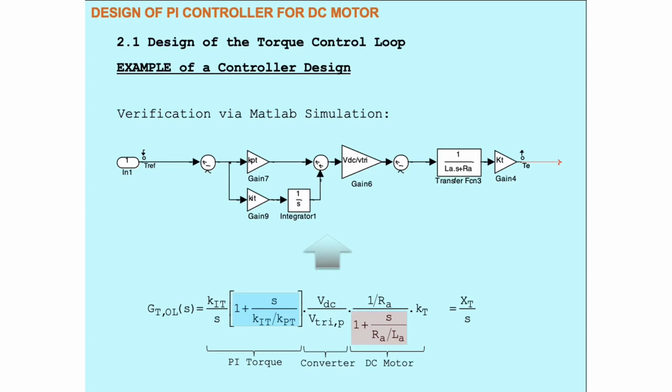It is basically a cascaded equation of a PI torque converter and DC motor that were multiplied together to form an equation. Then we convert it to MATLAB blocks by using the equation.